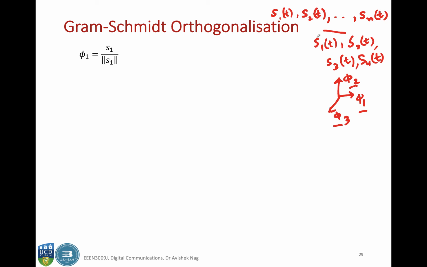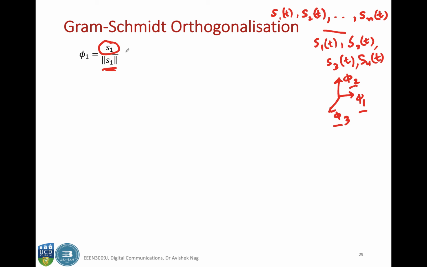To begin with, if I know S1, if I know S2, if I know all the signals that I need to represent in the signal space, then the first step in the Gram-Schmidt orthogonalization is to initialize your phi1. Your phi1 is nothing but the signal S1 divided by the norm of S1. You have to start from somewhere, so this is the start.